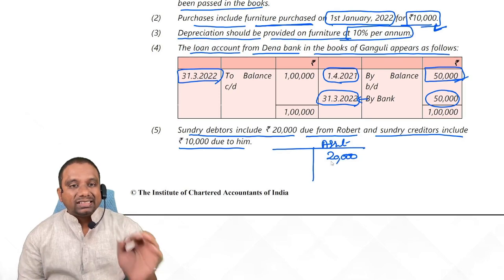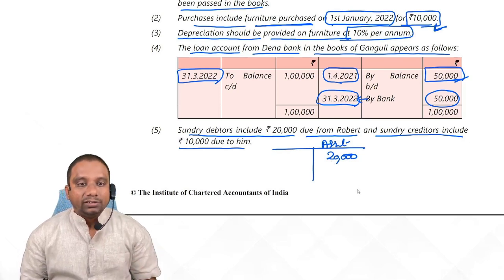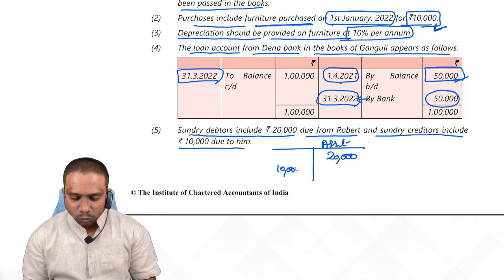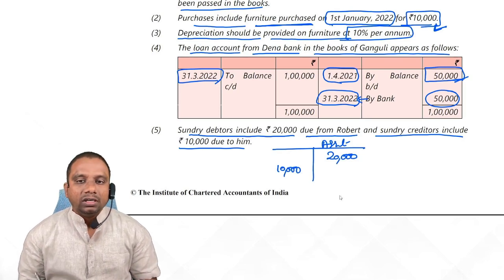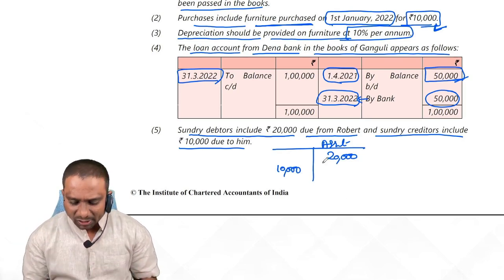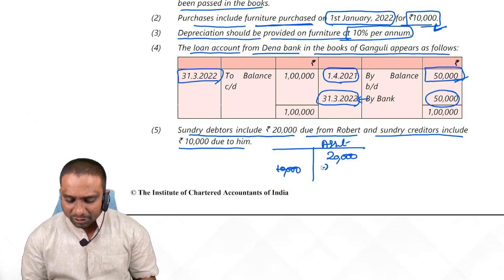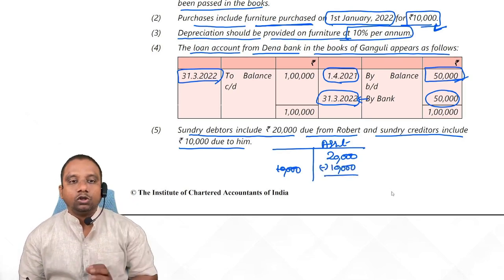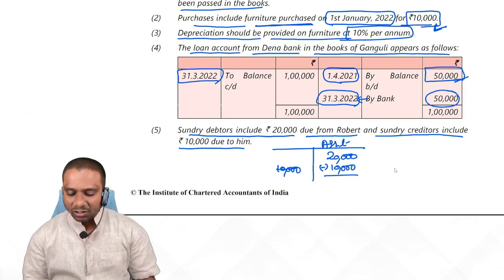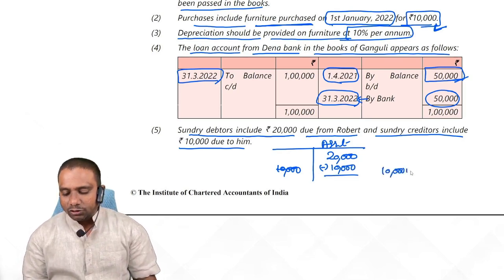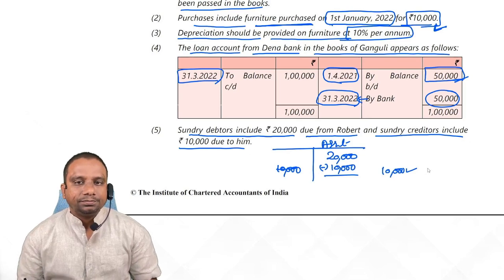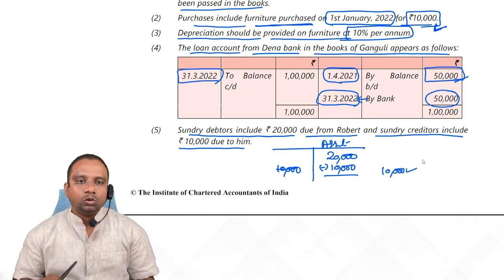But to the same person we have to pay 10,000 rupees. Means to Robert I have to pay 10,000. Instead of showing it like this, simply from 20,000 rupees I will deduct 10,000. The remaining 10,000 rupees I will show on the other hand. Is it clear?